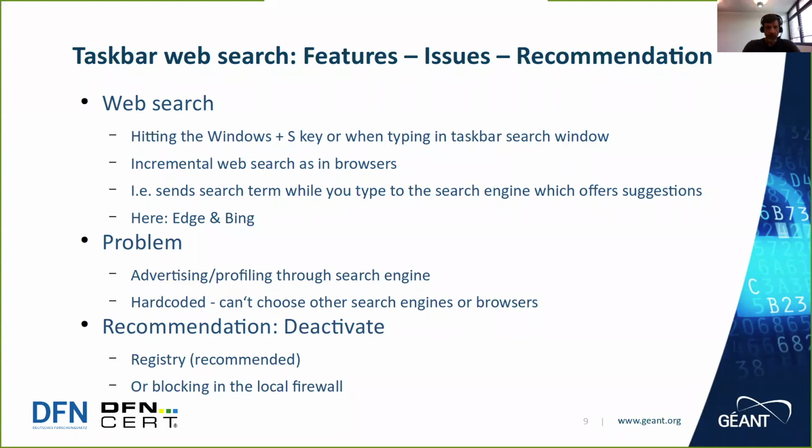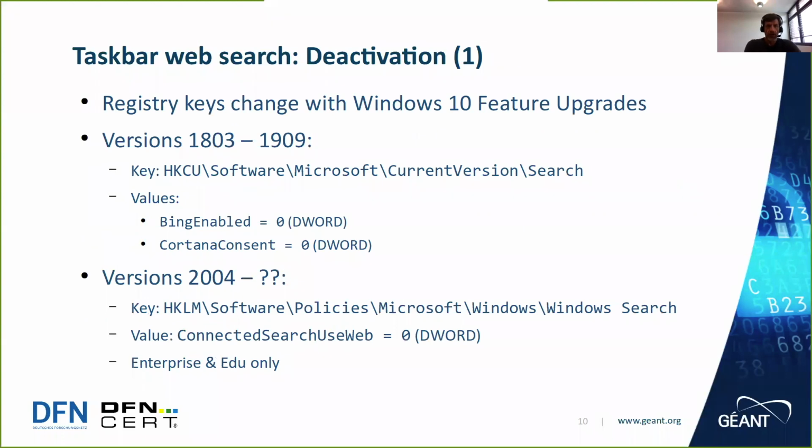We can either turn it off in the registry or block it in the local firewall. There's a bit of a problem with the registry keys because Microsoft now and then changes these with the Windows 10 feature upgrades. And this happened with the April release of 2020. That means every now and then we have to go through this and see after a feature upgrade if the key for this is still the same.